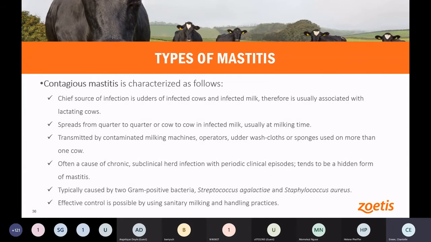It can lead to a chronic subclinical infection that sometimes has periodic clinical episodes, right? So you'll see in the history of the animal that she has periodic clinical mastitis. She most likely has subclinical mastitis in the periods in between. The common culprits are Streptococcus agalactiae and Staph aureus, and it's very important that we control this by improving hygiene and handling practices.